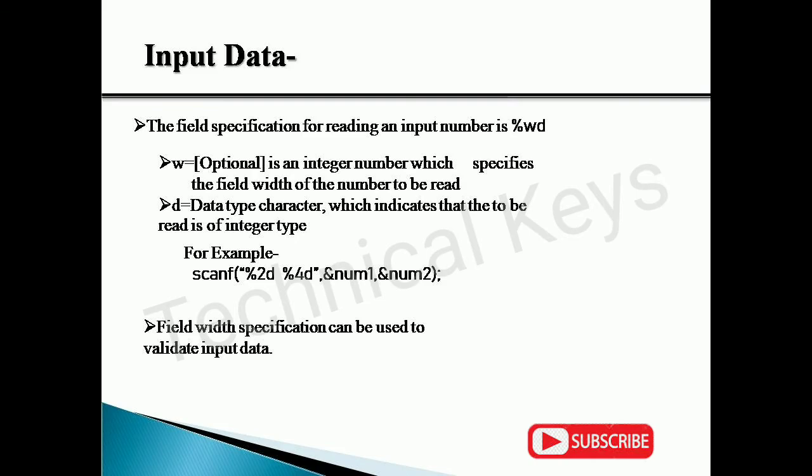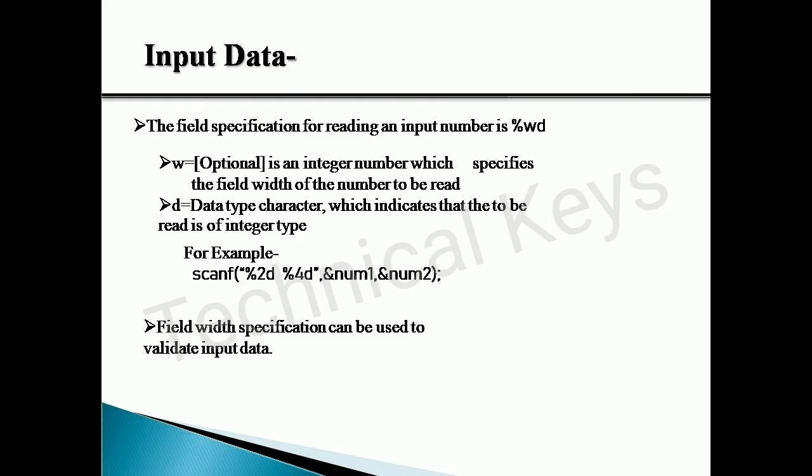It means the user is restricted to 2 digits, so the maximum number that the user can enter will be 99. Similarly, if I write %3d, the maximum number the user can enter is 999. Similarly, %4d means 9999 will be the last number that the user can enter.